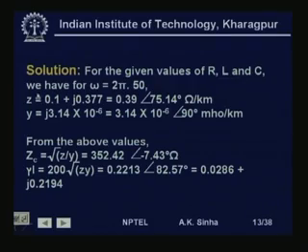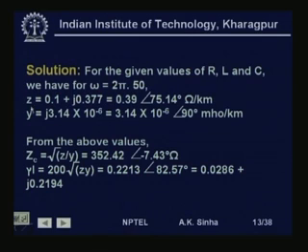Now, for the given values of R, L and C, we have omega equal to twice pi into f, f is 50 hertz.